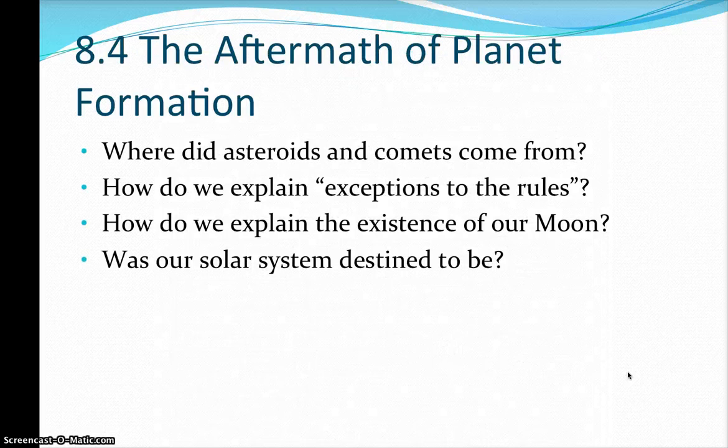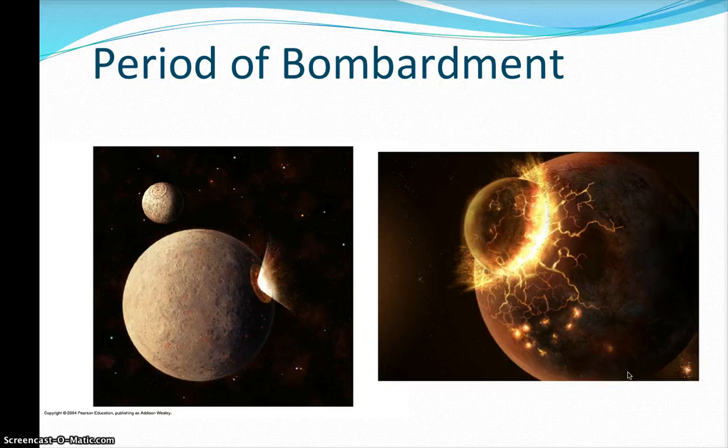Well, the exceptions seem to be probably due to the period of bombardment, which would have been right after the planets had formed, but there was still a lot of debris in our solar system.